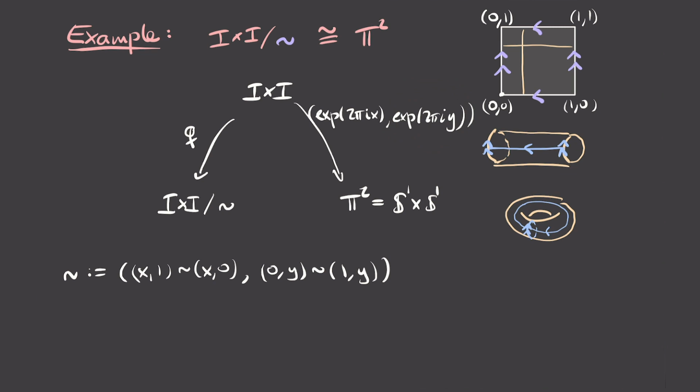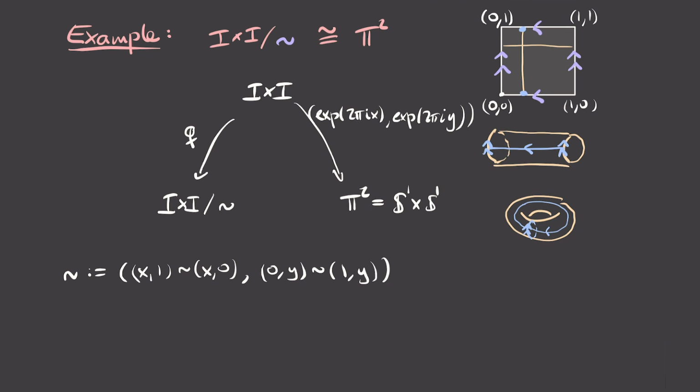And we know that this is injective on the second component except for these endpoints, which become identified. So exp of 2 pi i times 0, so exp of 0, is the same as exp of 2 pi i times 1.